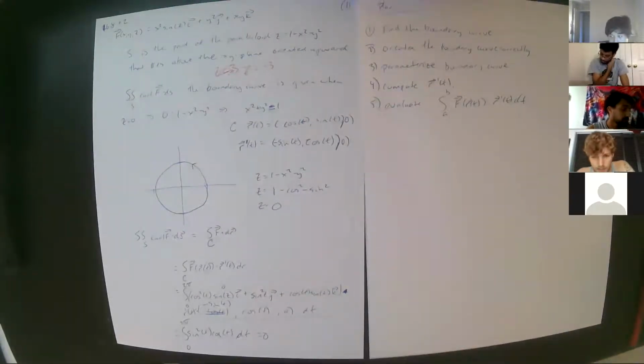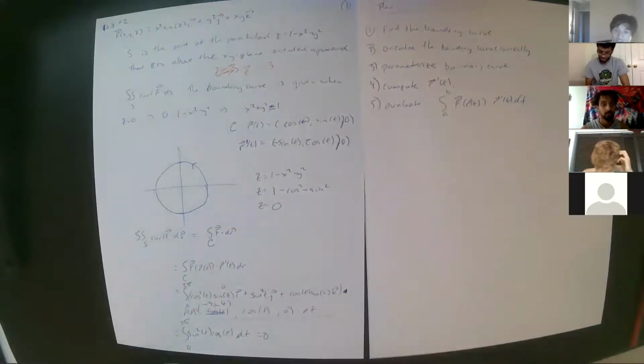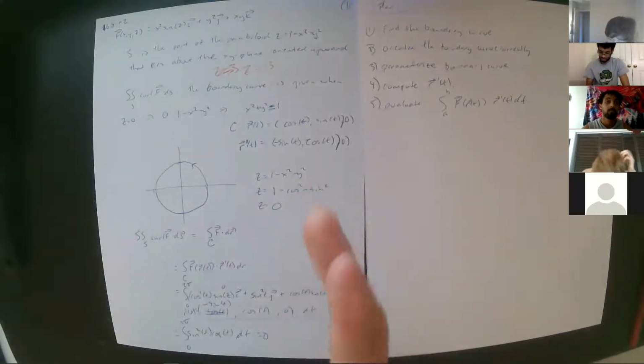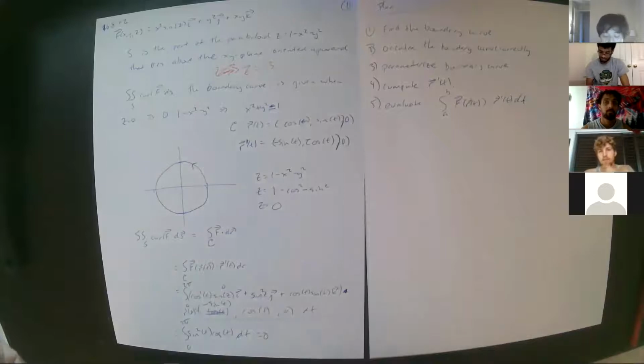What's the biggest difference between the curl and the divergence? They describe different things. The divergence tells us how things are spreading away from a point. The divergence is the sum of the partial derivatives. The partial derivative with respect to x is how I'm moving in the x direction, with respect to y how I'm moving in the y direction, and with respect to z how I'm moving in the z direction.